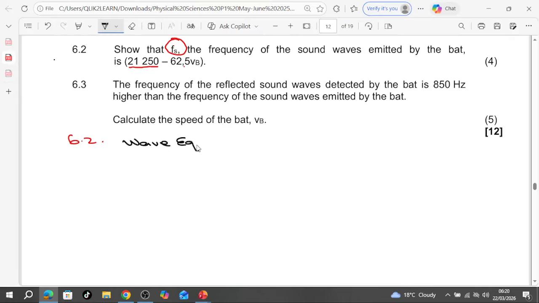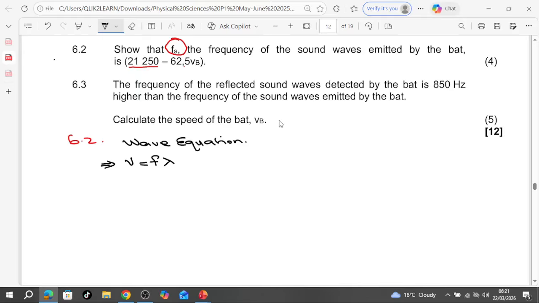So we use the formula v equals f times lambda. If you don't remember these formulas, just go to the grade 10s and ask them, because I did this like 2 or 3 years back. But don't worry, after this lesson you're going to understand the wave equation part.